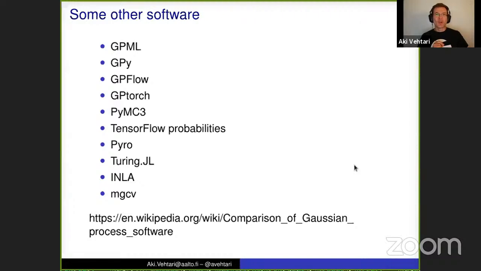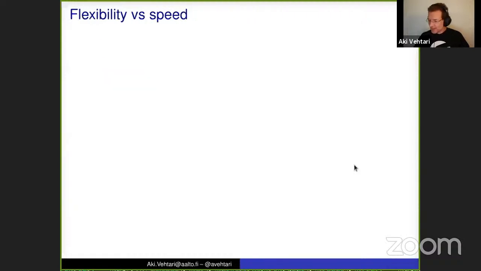So it's also good to remember that connection. So I had there kind of three groups of software. There were these GP specific software, then probabilistic programming language frameworks, and then INLA and mgcv were examples of software efficient for certain types of things, which can also present certain types of GPs.